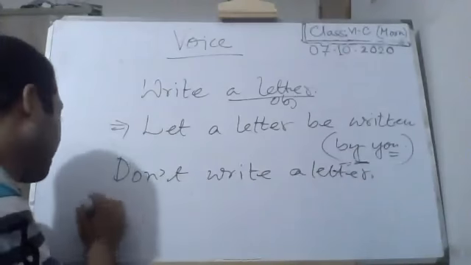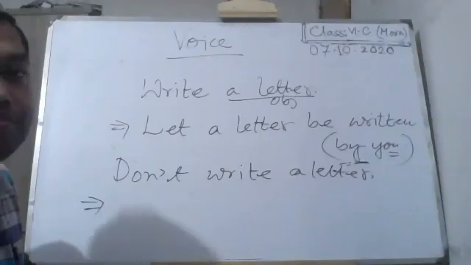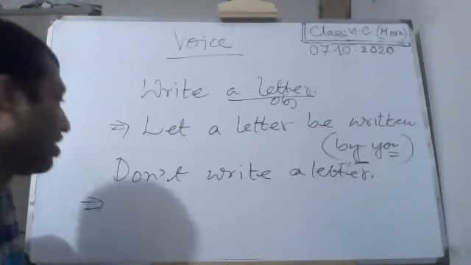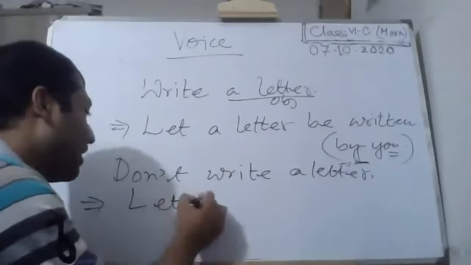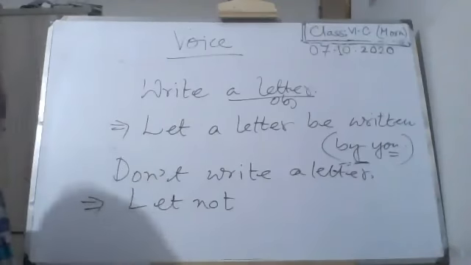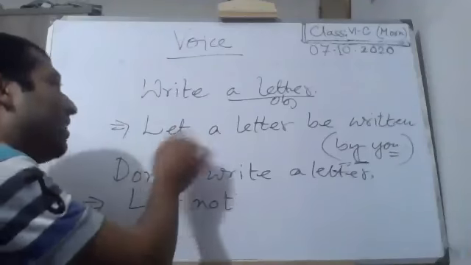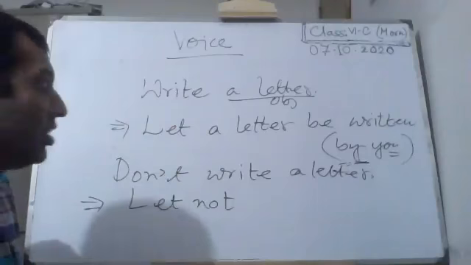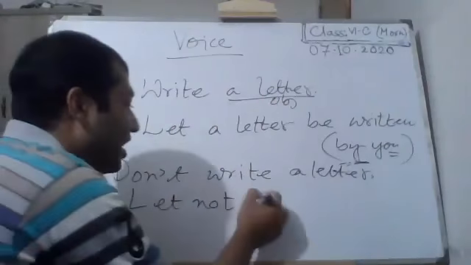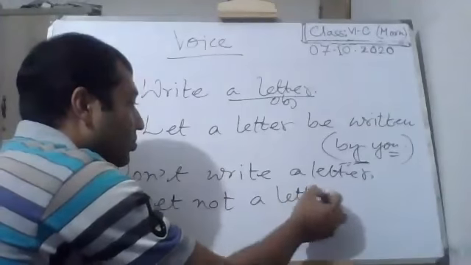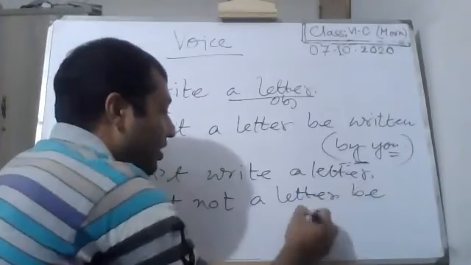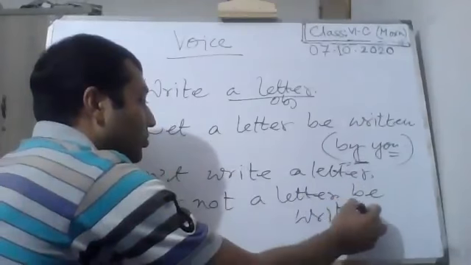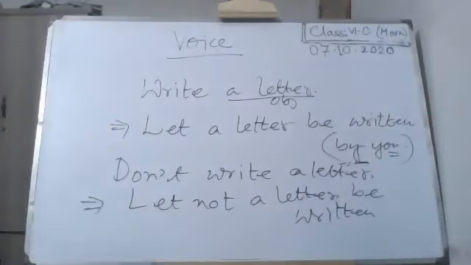Here, if you are asked to make it passive, at first you have to use let, then not. Let not. If it is only write, use let, or if it is don't write, you have to write let not. Then the subject, let not a letter be written. Let not a letter be written.